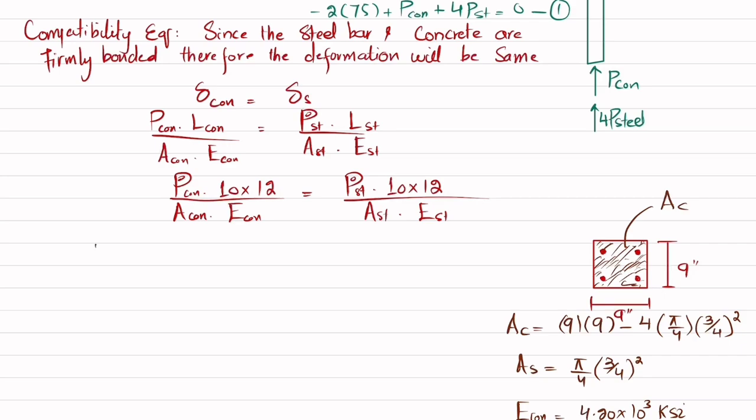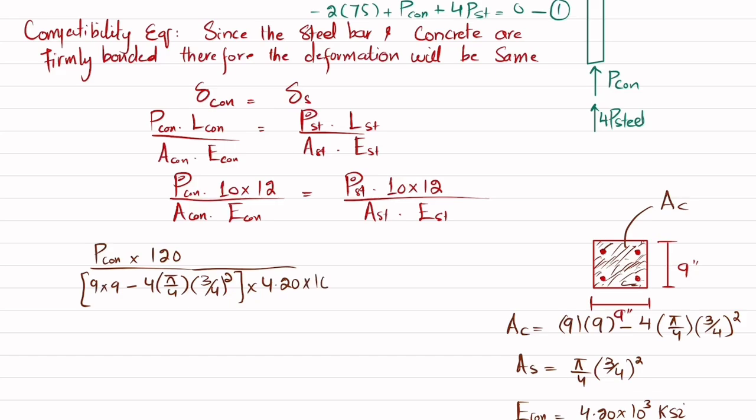So we will get P of concrete into 120 divided by area of concrete, which is 9 multiplied by 9 minus 4 times pi by 4 into 3 by 4 whole square, multiplied by E, which is 4.20 into 10 raised to power 3.